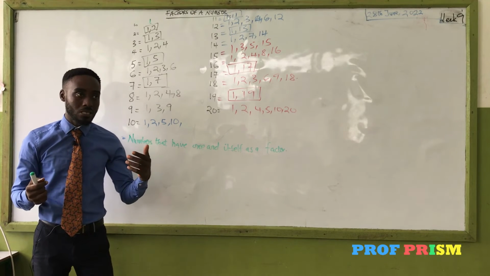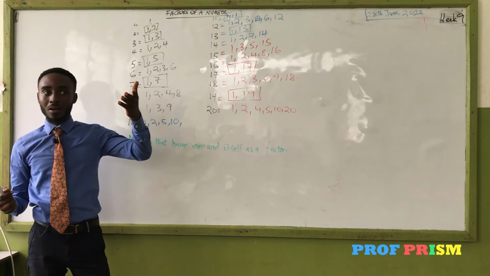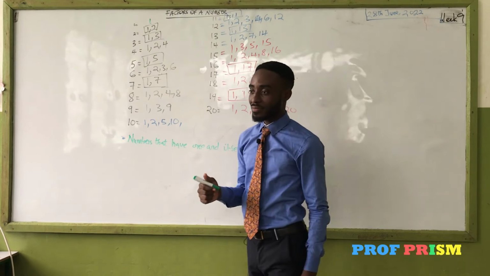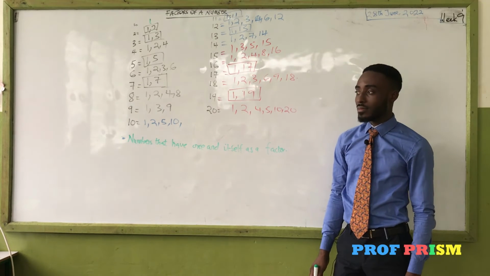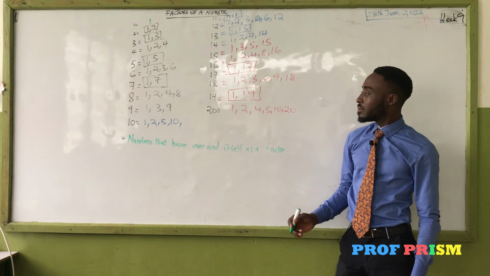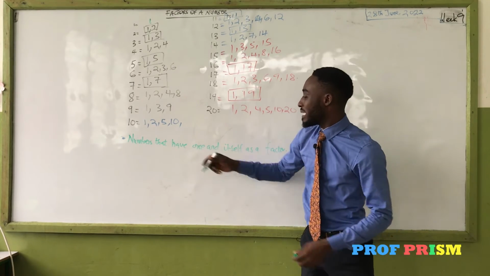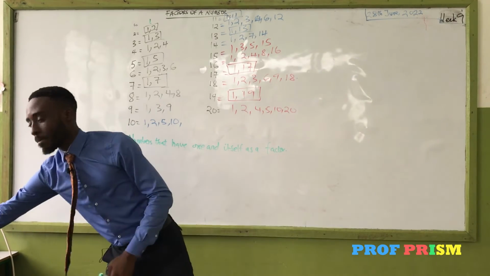All right, numbers that have 1 and itself as a factor. Any other way we could put it? A prime number is a number that has only 2 factors. Okay, only 2 factors. The 2 factors are 1 and itself.